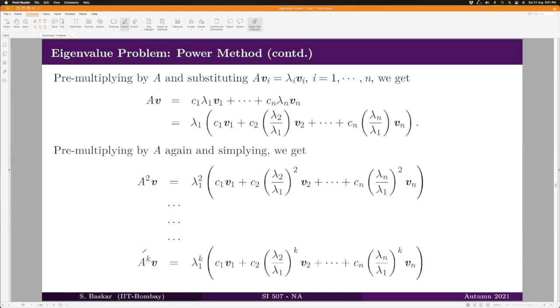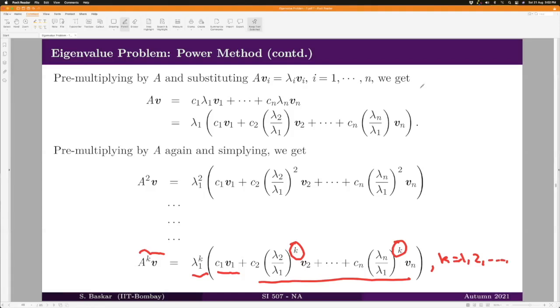At any stage, say k can be 1, 2, and so on. It goes on like that. At every stage, when you multiply by A, you have A to the power of k, and that will lead to lambda 1 to the power of k times c1 v1 and the other terms with k as the power, right? So let us see what we can do with this expression. Up to here, it's very elementary.